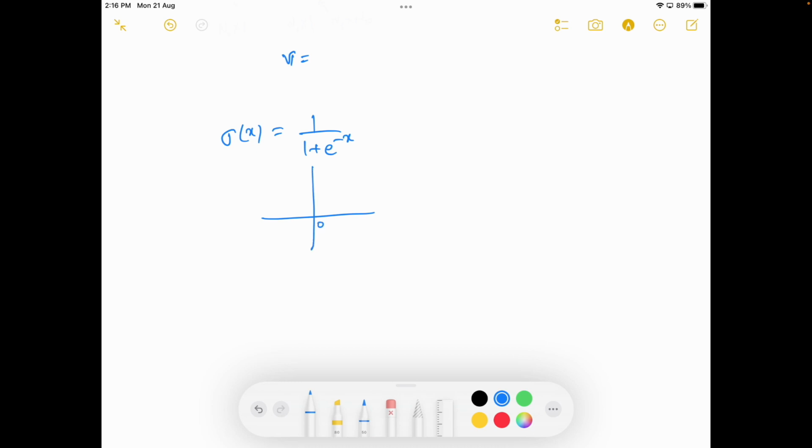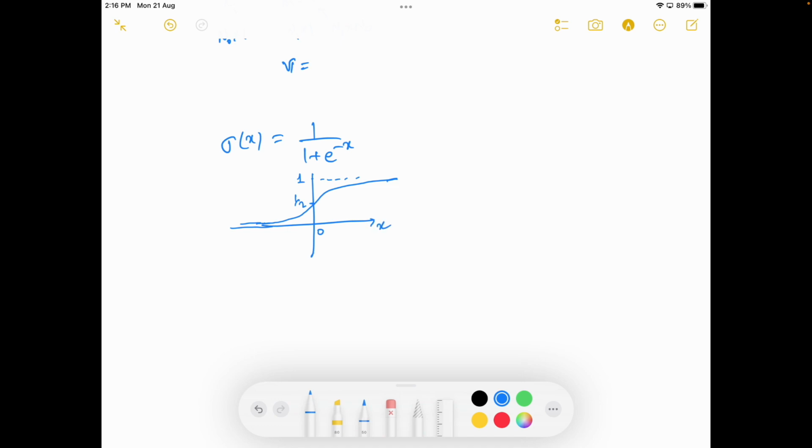Half. At x equal to plus infinity, it is 1. At x equal to minus infinity, it is close to 0. So it looks like this. That's how the sigmoid function looks.